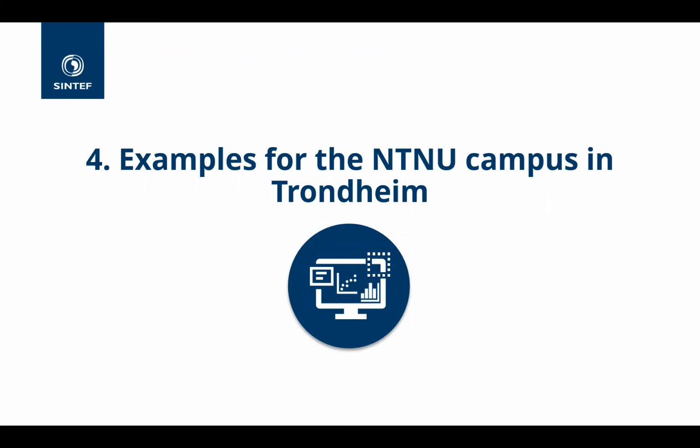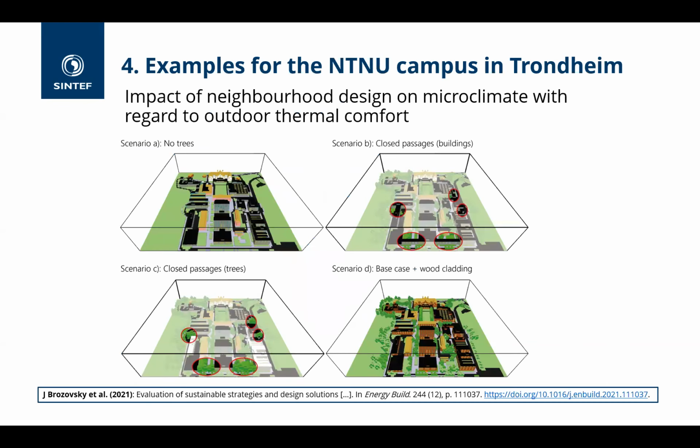So now, after a long introduction, some examples of the work that was done here in Trondheim. Without going into too many details, the first study I'm going to present is about the impact of neighborhood design and materials on the microclimate with regard to outdoor thermal comfort. Some of you might recognize this area of the NTNU campus.